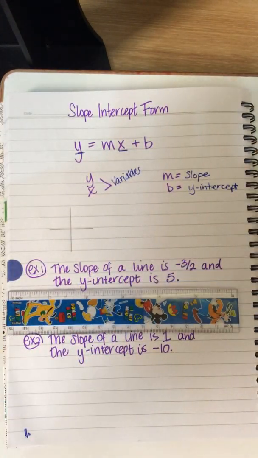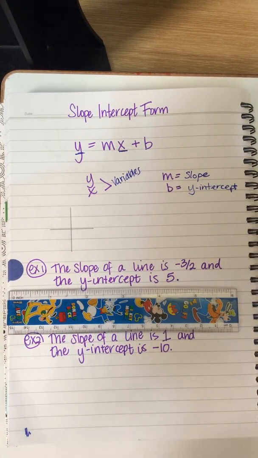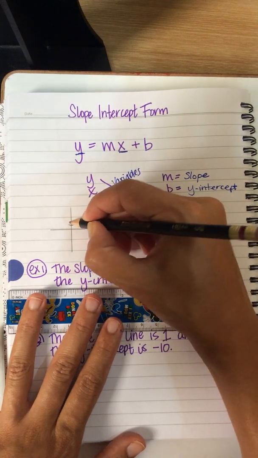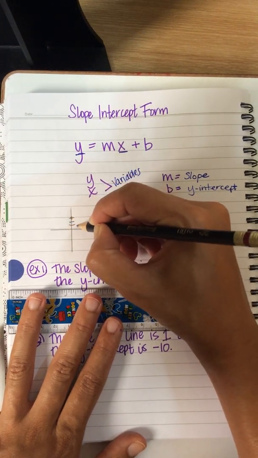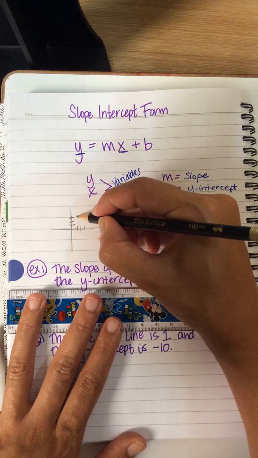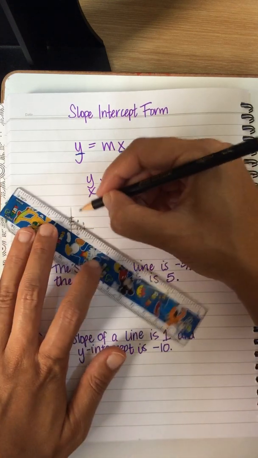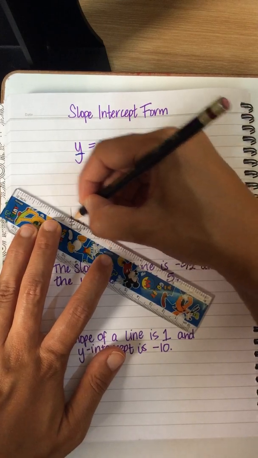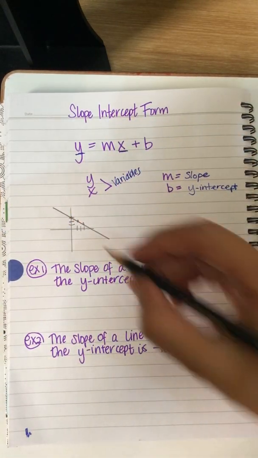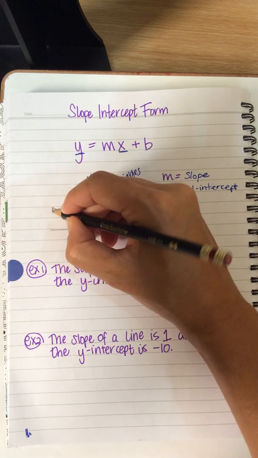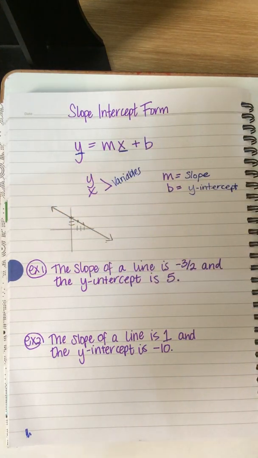So let's pretend this is our line. Just real quick. So if this is our line here, hopefully you guys are realizing, the slope is negative because it's going down.